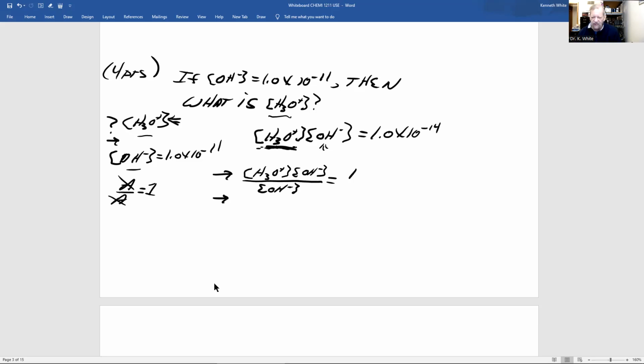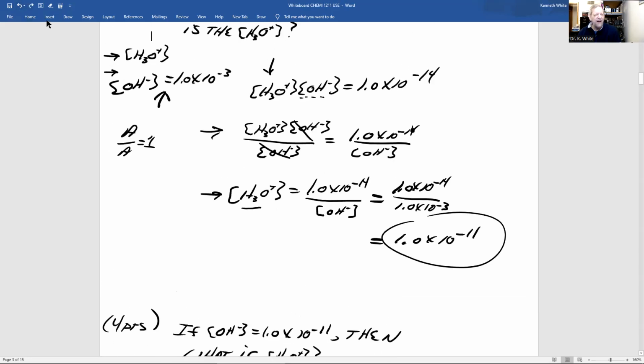Whatever I do to one side of an equation, I have to do to the other side. So I'll divide by hydroxide. This cancels out. I'm left with hydronium ion concentration, H3O plus, equals 1.0 times 10 to the minus 14th.